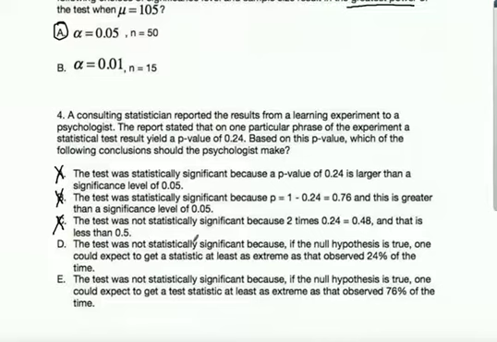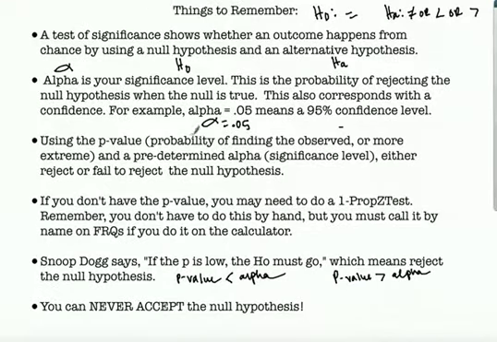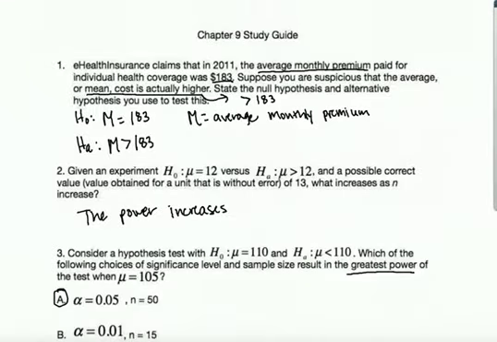D says the test was not statistically significant because if the null hypothesis is true, one could expect to get a statistic at least as extreme as that observed 24% of the time. Remember, if you go back to the beginning that we talked about here, your p-value is the probability of finding the observed or more extreme.